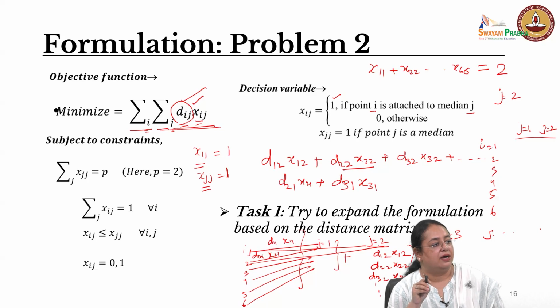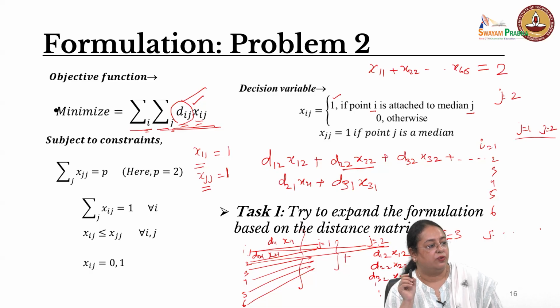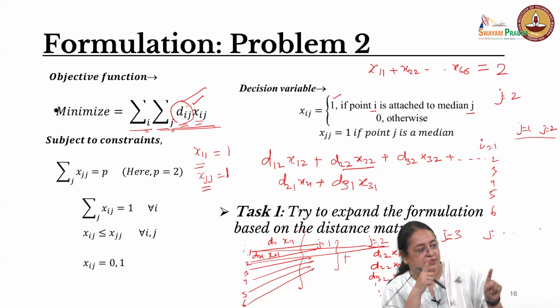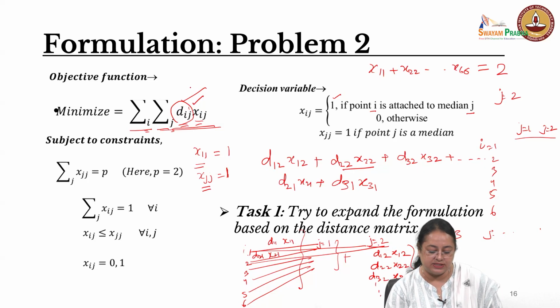So i will be all facility locations. J we would take one by one as the potential healthcare facility. So i takes care of the node, and j is the median point. What if j is 1? Let's fix j first as 1.